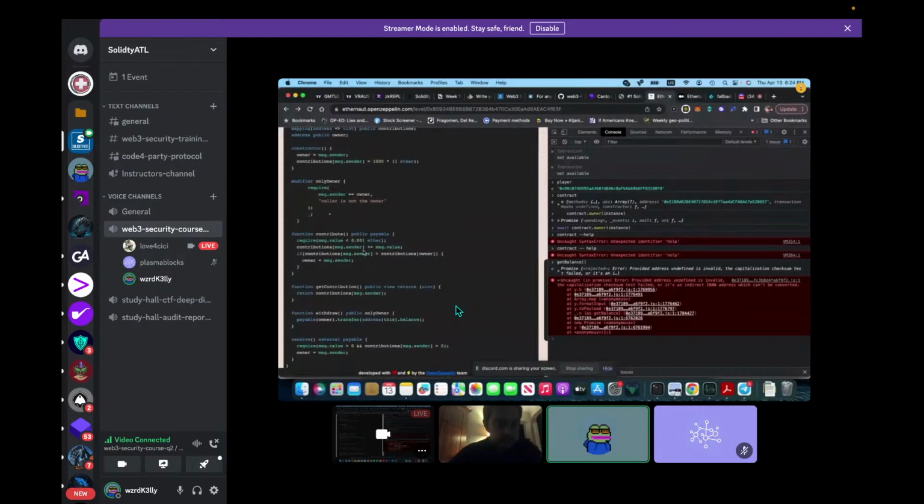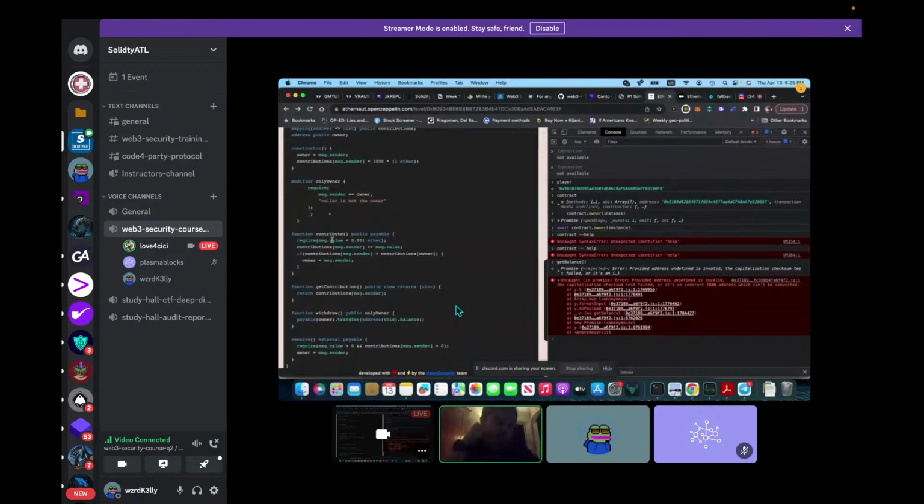So what this is saying is, in order to become the next owner, you need to contribute more than 1,000 ether. But they've contradicted themselves with this require statement because anytime I send anything more than 0.001 ether, it's going to always fail. So this basically is a locked function that allows no one to become the owner of the contract.